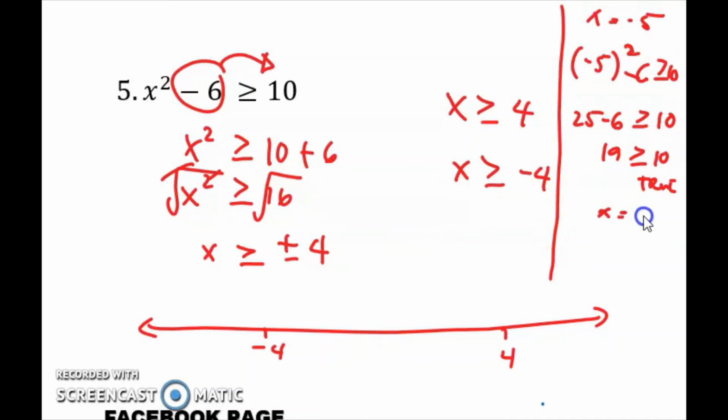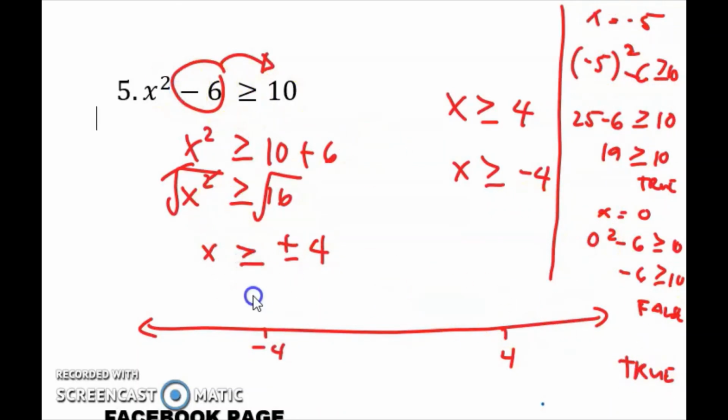Okay, how about if we have 0? When x is equal to 0, 0 squared minus 6, is that greater than or equal to 10? So, we have negative 6 is greater than or equal to 10. Is this true? False. So, 0 is not part. How about 5? So, obviously, 5, that will be 25 minus 6, same pa rin, magiging true, ha? Hindi ko na isosolve para mabilis.